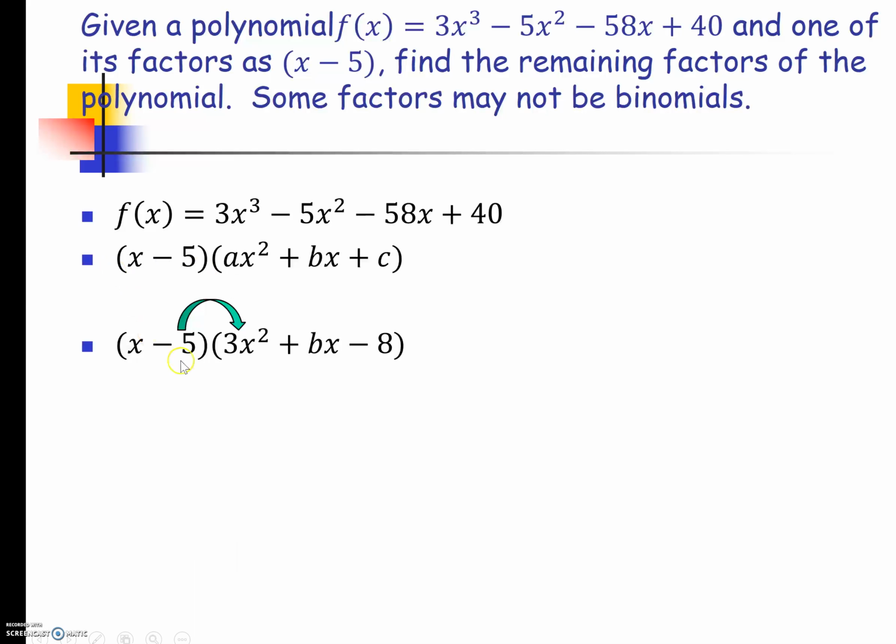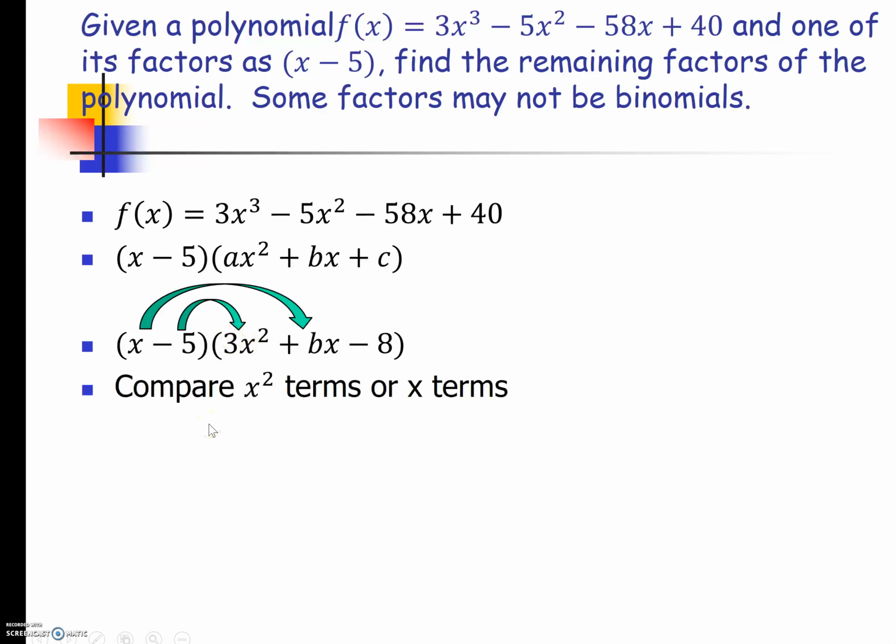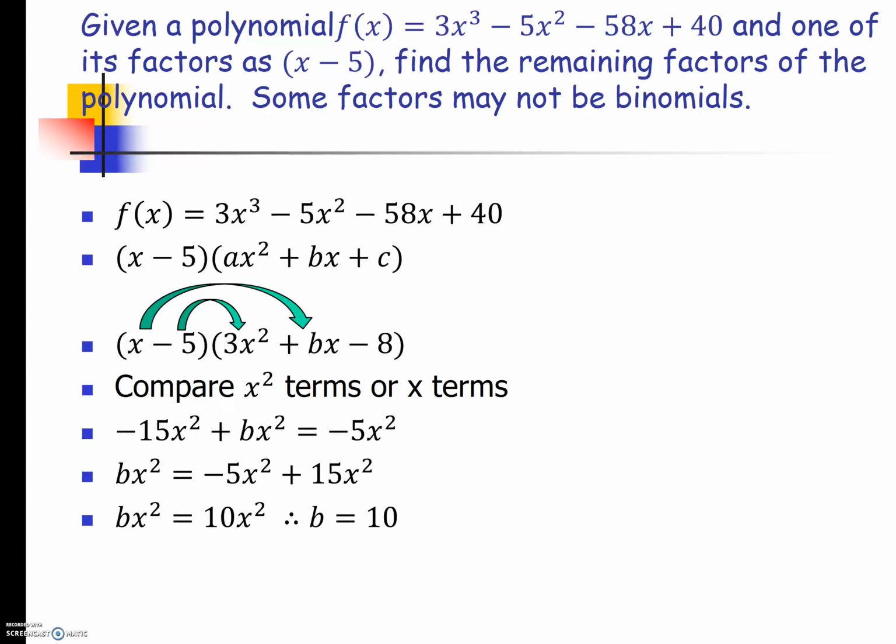When you compare minus 5 times 3x squared and x times bx squared, you will end up getting minus 15x squared plus bx squared, which is equivalent to, going back to the equation, minus 5x squared. So collect the like terms and solve for b, which gives b equals 10.